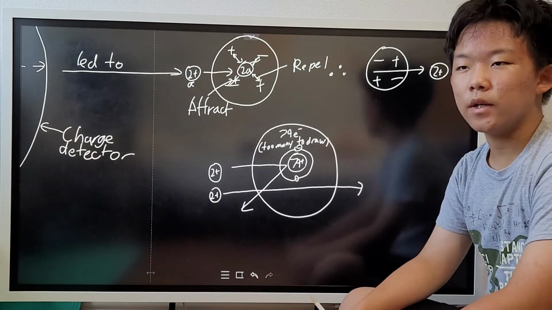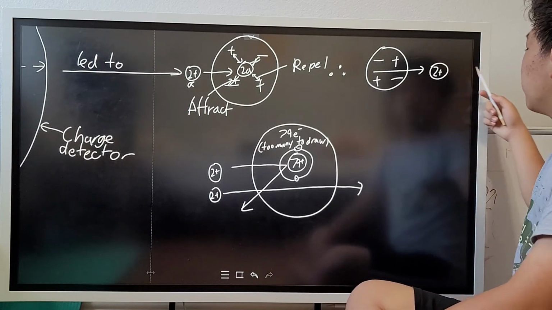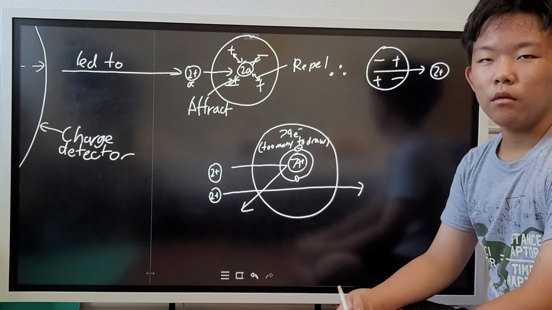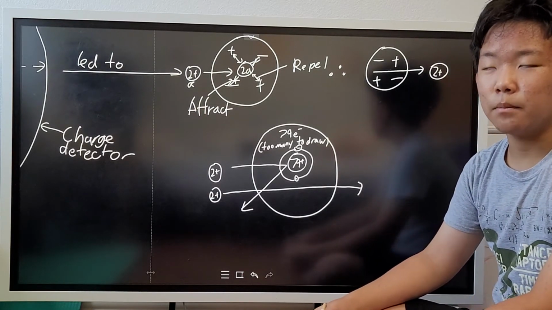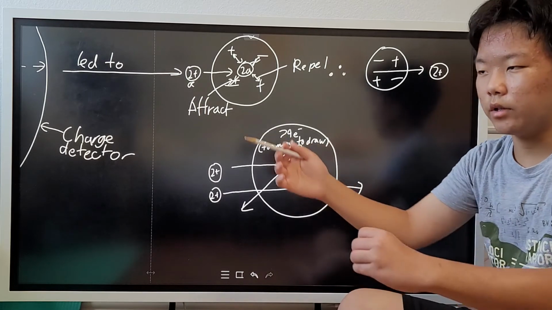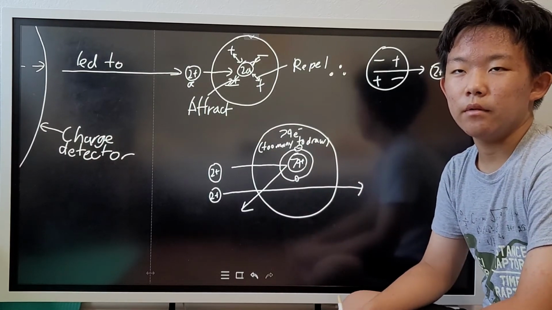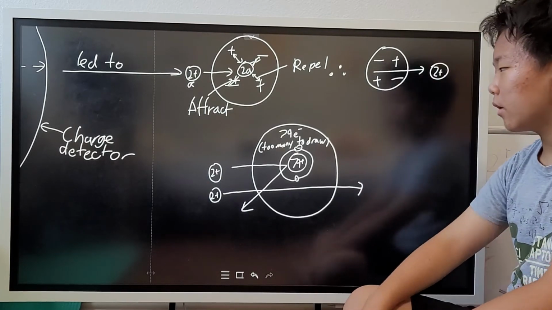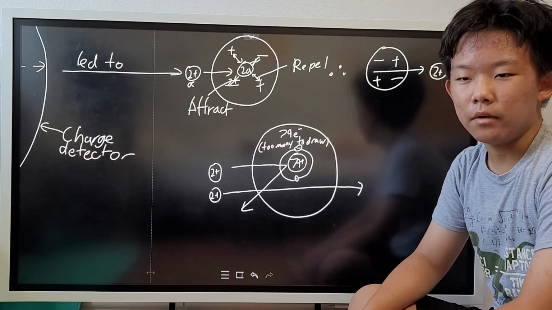So if the plum pudding model was correct, the alpha particles would have just gone straight through or been bent a little bit. However, some managed to go all the way across, reflected to the other side of the gold foil. So, Rutherford made the nuclear model of the atom.